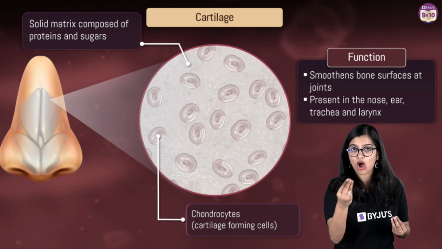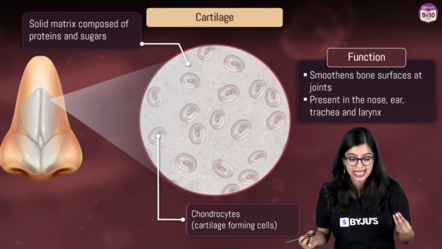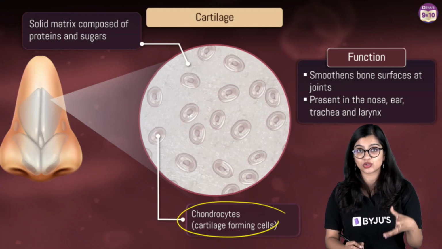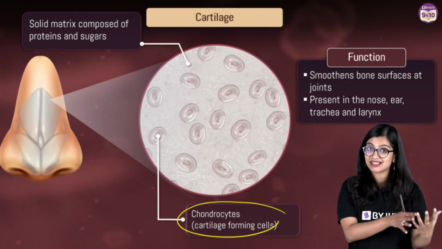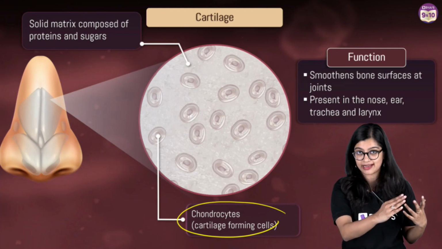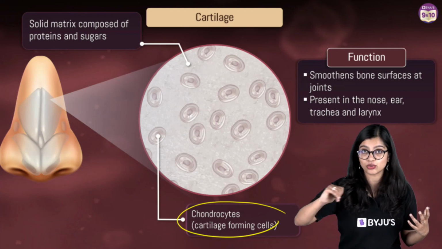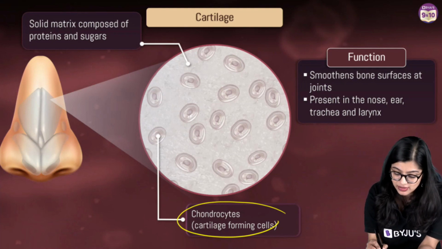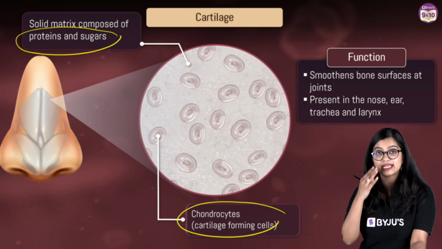Now, when you look at its composition, the cells of the cartilage, or cartilage-forming cells, are called chondrocytes. Bone cells are called osteocytes. Here they are called chondrocytes. They are found in a matrix which has various proteins and sugars in them.